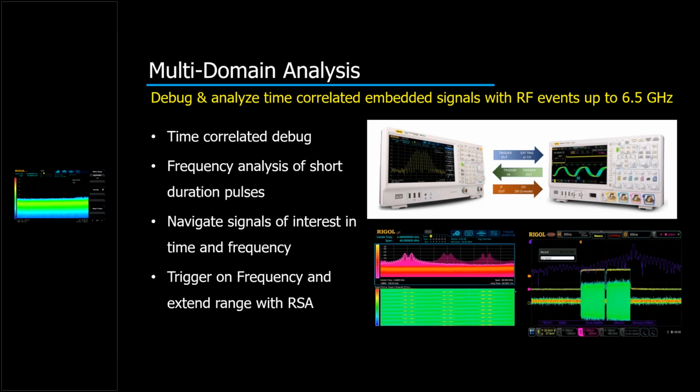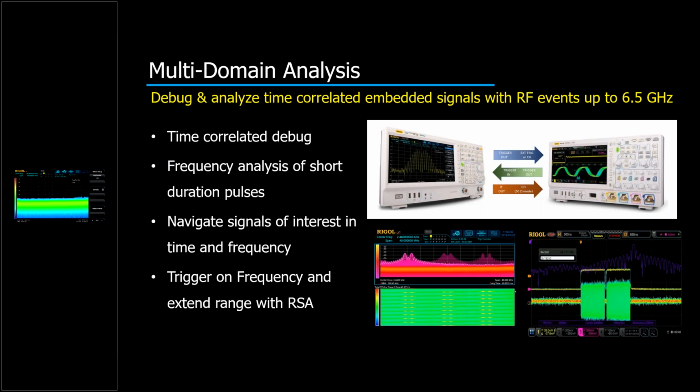So we'll see some failure states in RF that are being caused by logic or analog channels, and we'll see some failures on the digital boards that are being caused by RF interference in a couple of different ways. So we're trying to time correlate those signals. We're trying to do analysis on these short duration pulses, and we're trying to really navigate and visualize these signals of interest in a number of different ways.